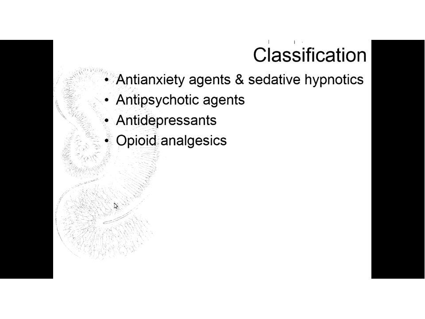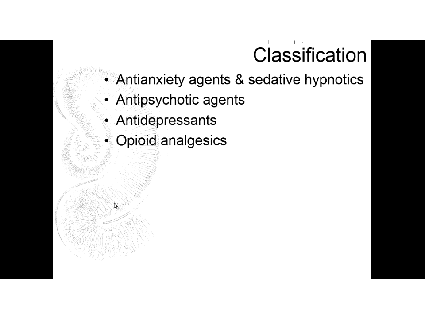So in our classification system we'll talk about 4 different classes of drugs, and give you examples of each one, talk about these drugs' mechanism of action, and some potential side effects associated with them. First, we'll talk about anti-anxiety agents and sedative hypnotics, what they're used for, their mechanism of action, and some effects that they have.